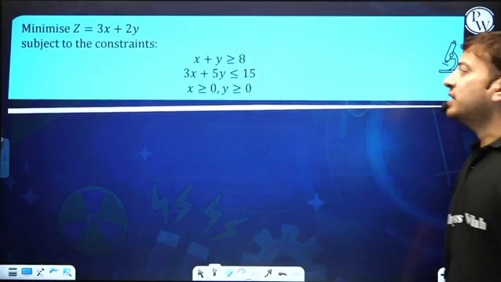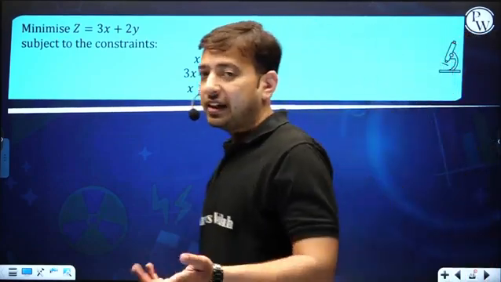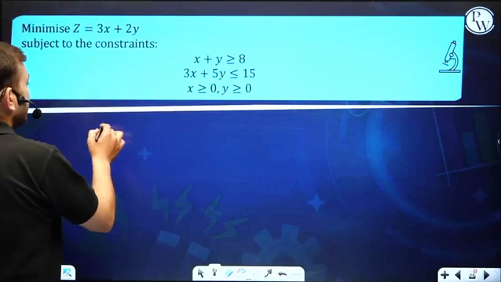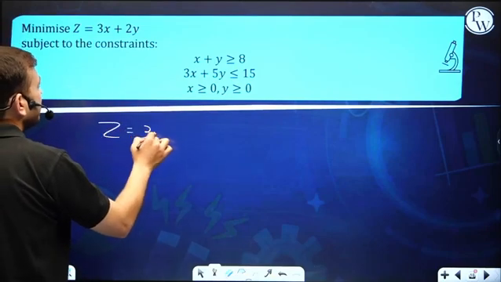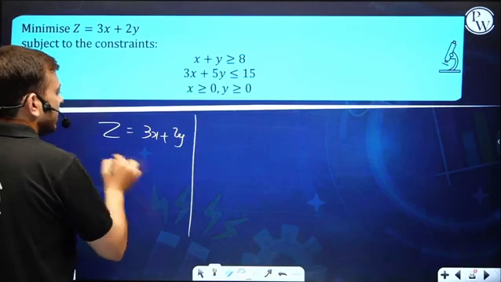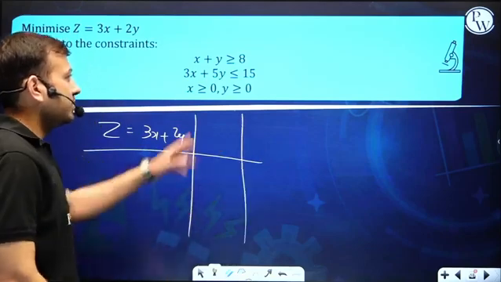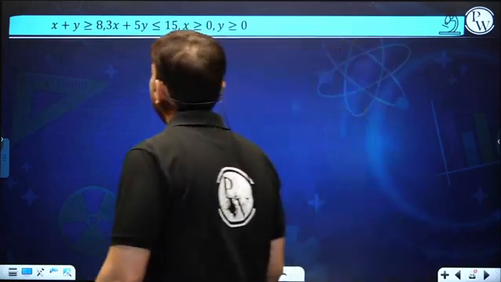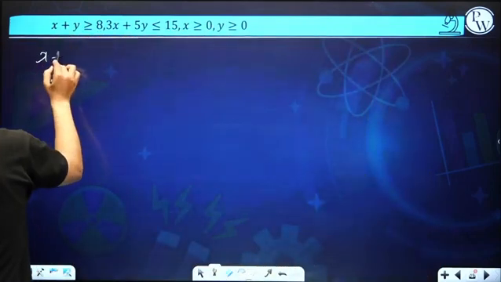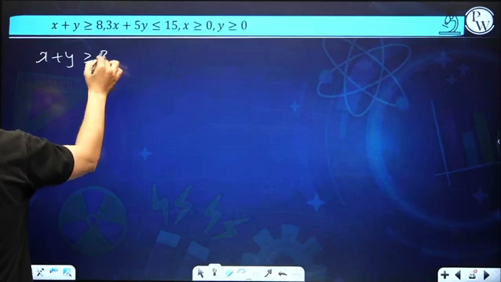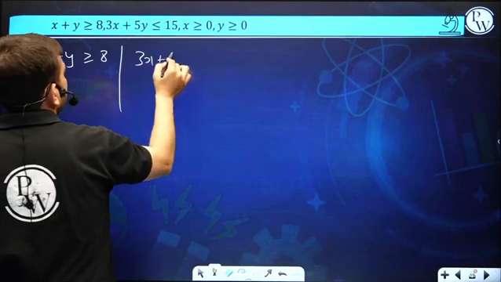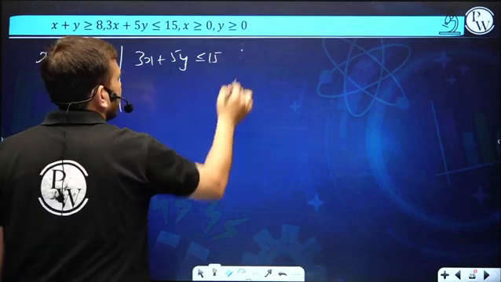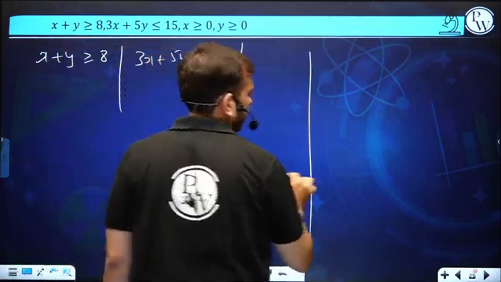Now, let's see the third case. First of all, one minimize equation is given, that is z equals 3x plus 2y. Now we need to find the intersection points. The equations are x plus y greater than 8 and 3x plus 5y less than 15, again in the first quadrant.